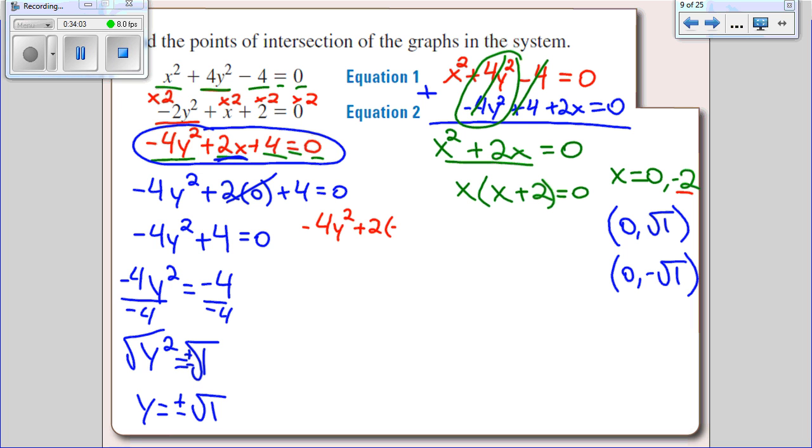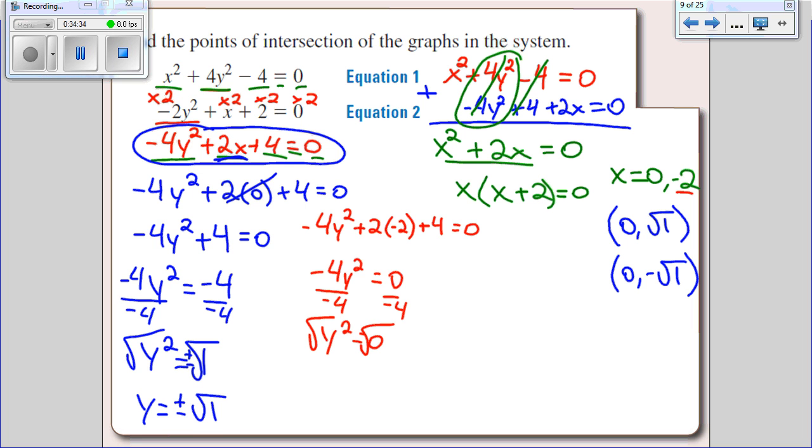Negative 4 plus 4 is going to cancel out, so we have negative 4y squared equals 0. If we get that all by itself, we divide both sides by negative 4, and y squared equals 0. We square root both sides. We do put a plus or minus in front of it, right? So we have y equals positive or negative root 0. The square root of 0 is 0, and plus or minus 0 is still 0. So it's just y equals 0.